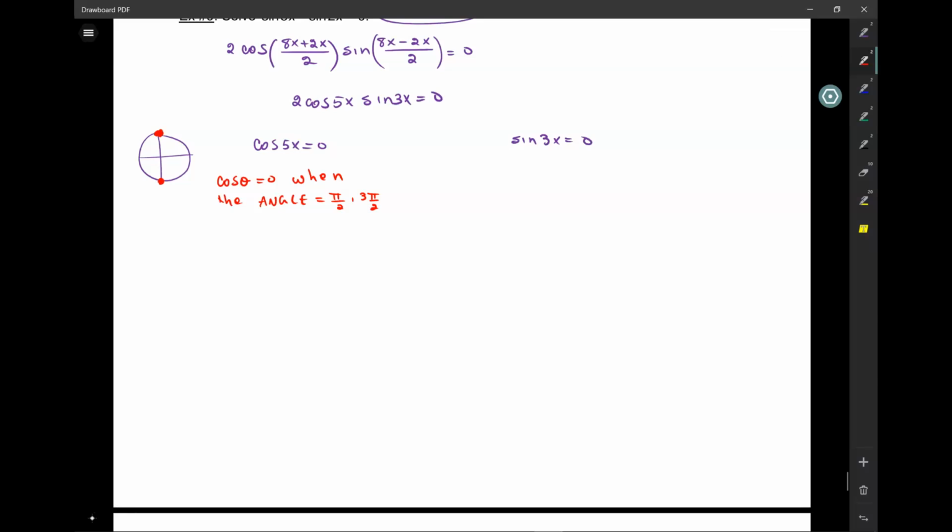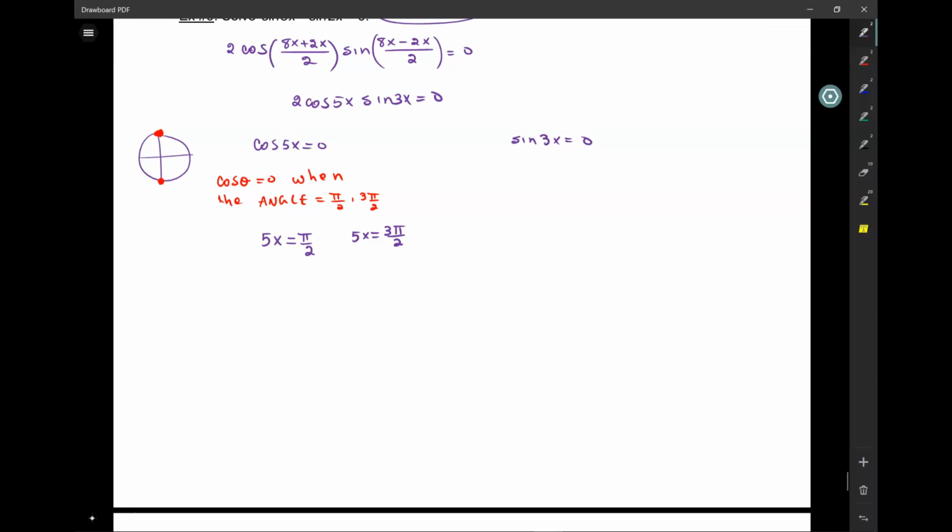In this purple problem, what is the angle? The function is cosine. What is the angle? 5x. So cosine is 0 when the angle is pi over 2 or 3 pi over 2, meaning when 5x is equal to pi over 2 or 3 pi over 2.